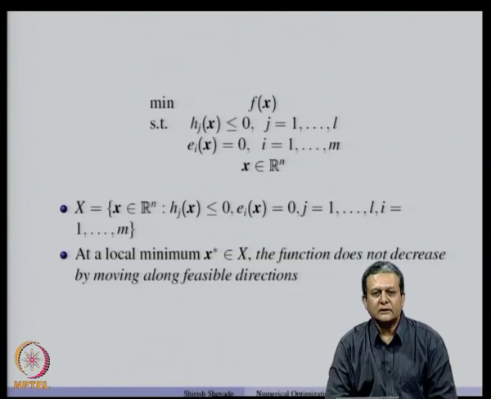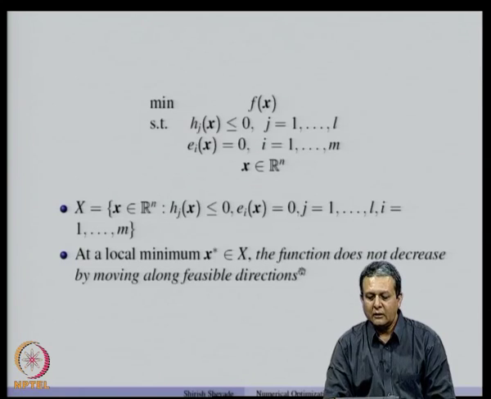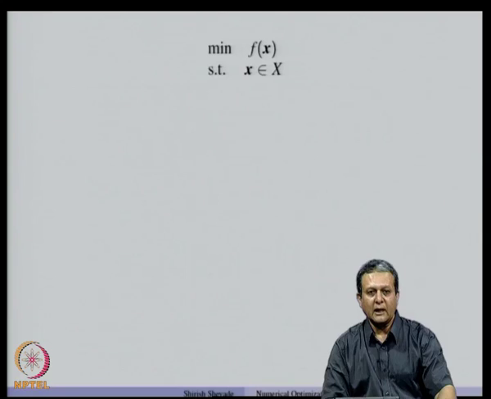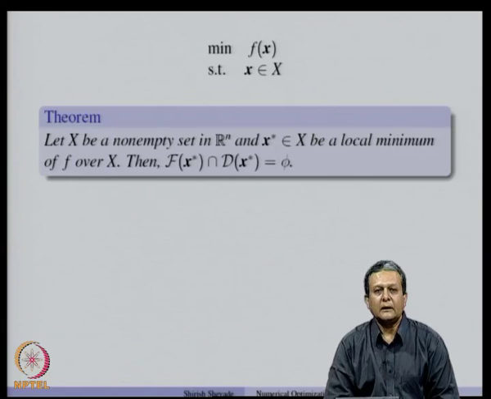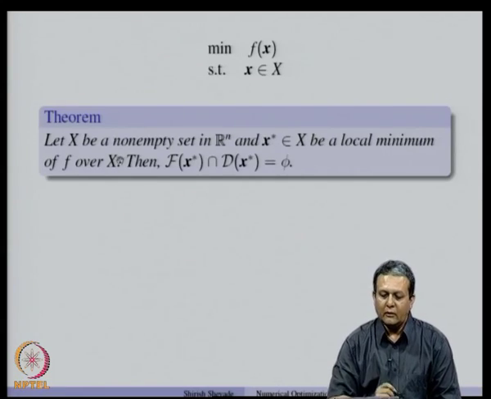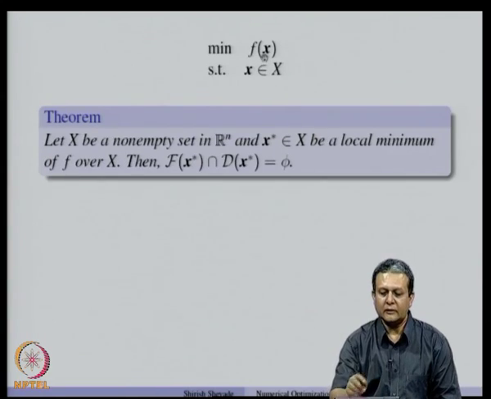And as we mentioned earlier, at a local minimum x star of X, the function does not decrease by moving along feasible directions. So, let us consider this problem, and we have a theorem which characterizes a local minimum of this problem.